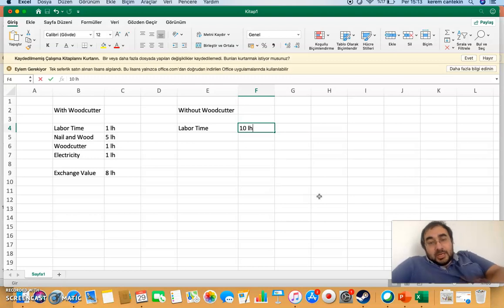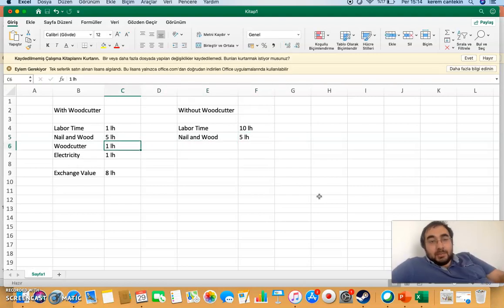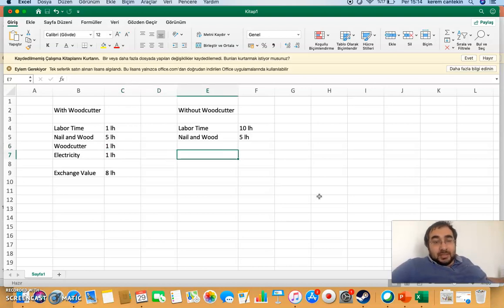Those things can change. I mean, you can add and subtract, you can see different possibilities. We use the same nail and wood. Since we produce the same table physically, they will use the same nail and wood, so 5 labor hours will go to that. But the time transferred from the woodcutter and electricity doesn't exist.